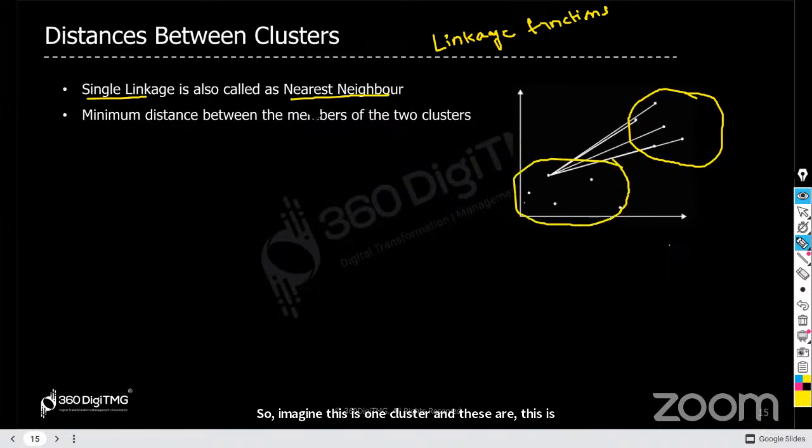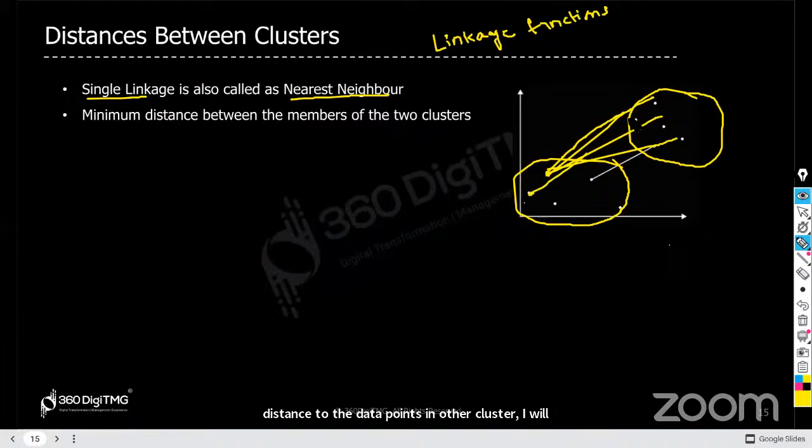When I am using single linkage, first, for every data point from one cluster, I will calculate the distance to the data points in the other cluster. Like from this data point to this one, this one, this one, and this one. And also from this data point to this one, this data point, this data point. I'll do this for every other data point present in every cluster.